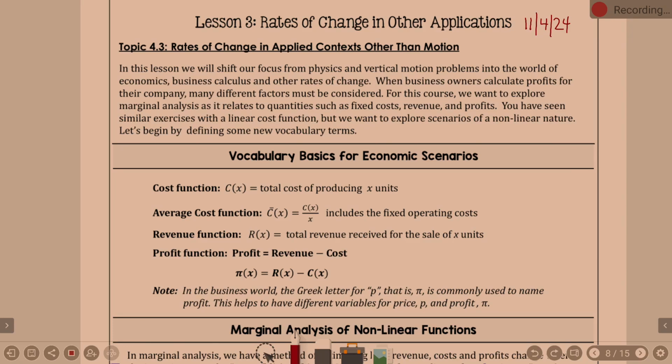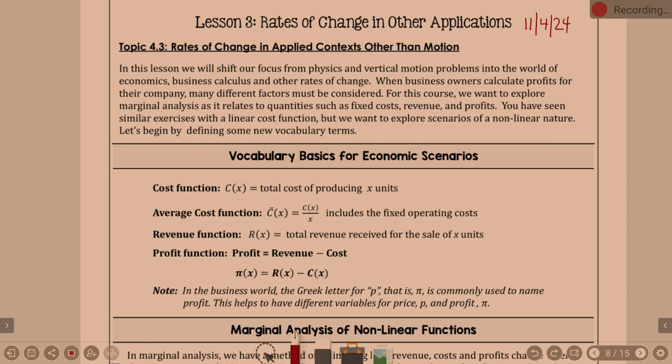Revenue is the total revenue received for the sale of X units. Now profit, notice what it says about profit here. Profit is equal to revenue minus the cost.